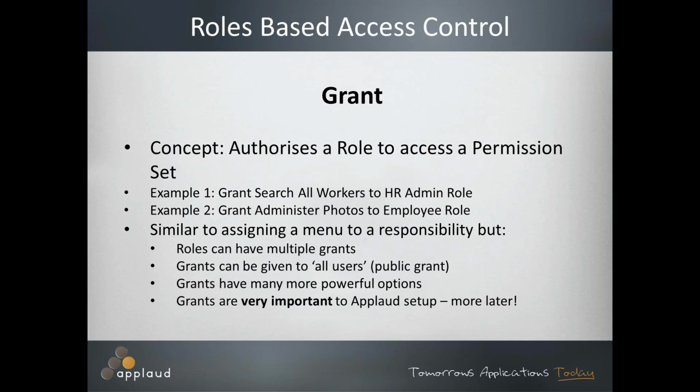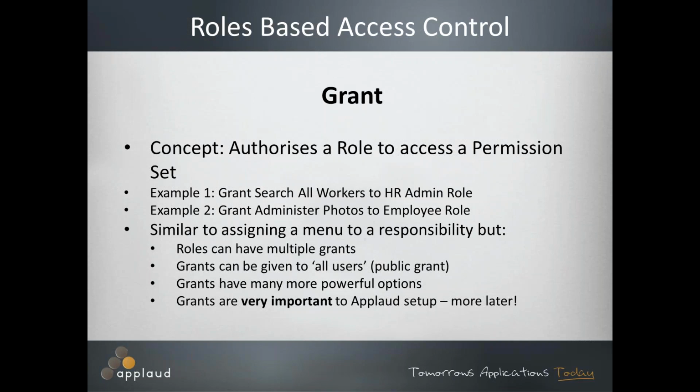So a grant, at a simple level, gives access to a permission set for a given role. If you think of how standard responsibilities work, with a responsibility you define a top menu and you've got a one-to-one connection there between a responsibility and a menu, and that menu then has many sub-menus.